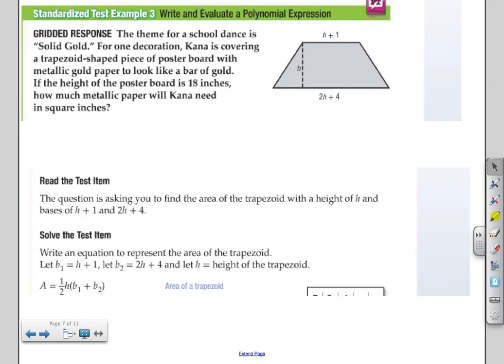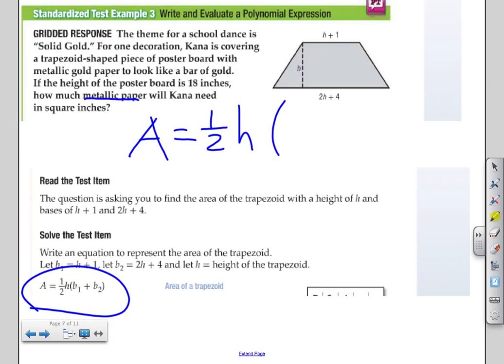Okay, so what you have to remember is, we have to find the area of the piece of poster board, so we know how much metallic paper she needs. So we'll take that formula for the area of a trapezoid, A equals 1/2 the height times base 1 plus base 2.